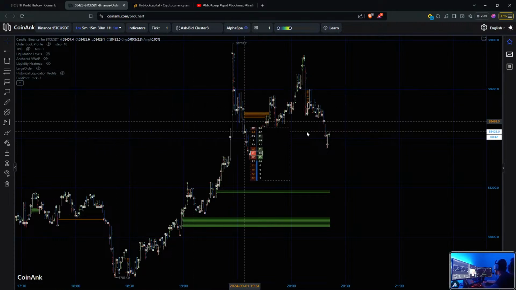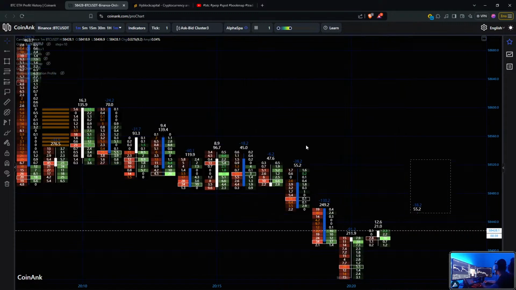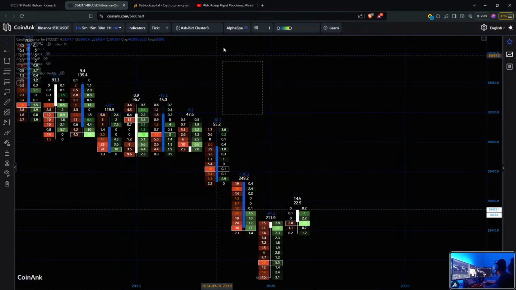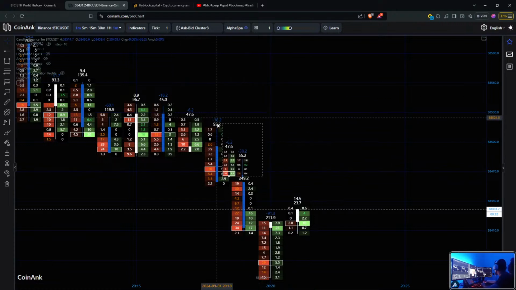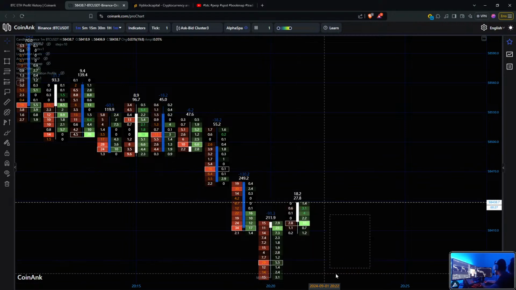And I think that is it. I'm just going to show you guys the difference in what kind of candles you can have. So this is basically cluster. It shows you sells on the left side, buys on the right side.